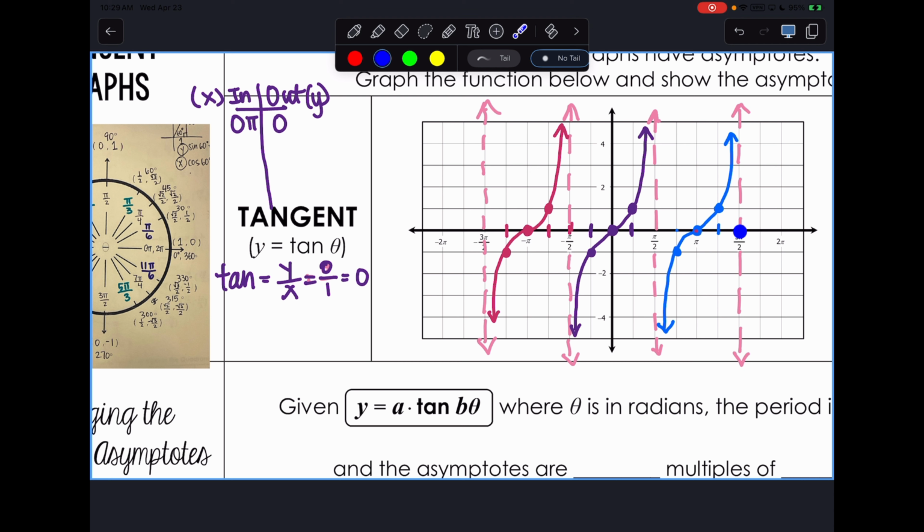So from here, it'd be 1, 2, 3, 4 here. If I were to graph an extension to that, I would have an asymptote off the grid here. Does that make sense? Then where would my center be? 2 pi. Okay, 2 pi would be there.